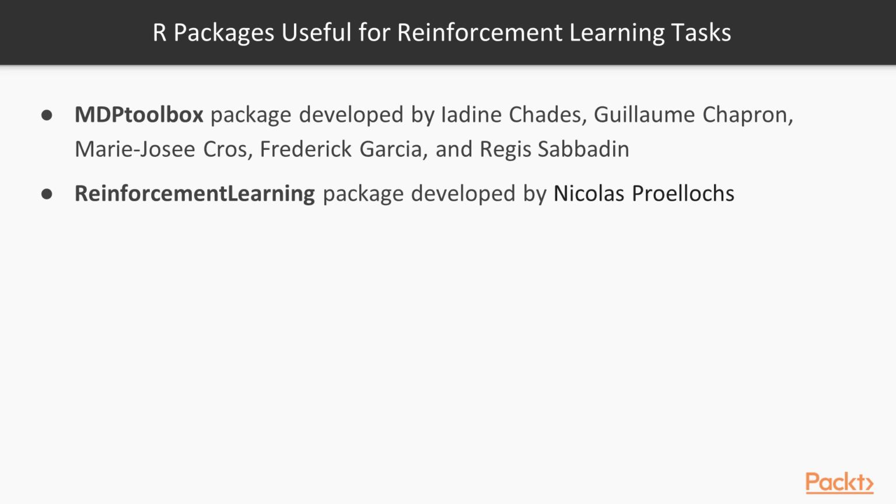In contrast, the reinforcement learning package developed by Nicholas Proellochs is model-free. You don't know the transition probabilities, and we'll explain more about that later. Set up a simulated environment, and you have an agent, and you sample over and over again the agent's actions navigating through this environment, what state they're in, what state they move to, what their reward is.